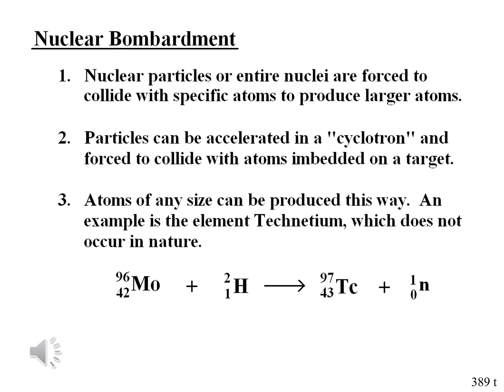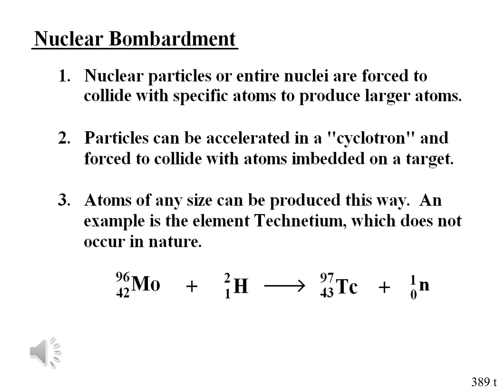This is how people make the large man-made elements that are the biggest ones on the periodic table. I showed a reaction here where you can make a small one by bombarding an element with an isotope of hydrogen.